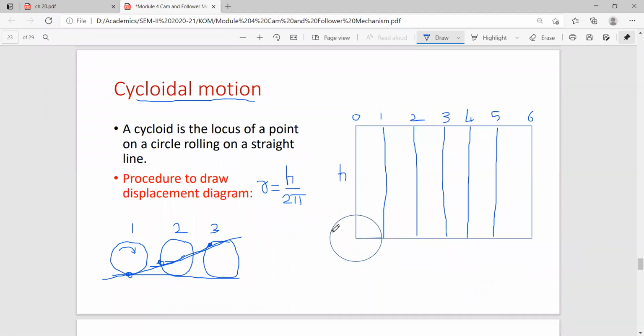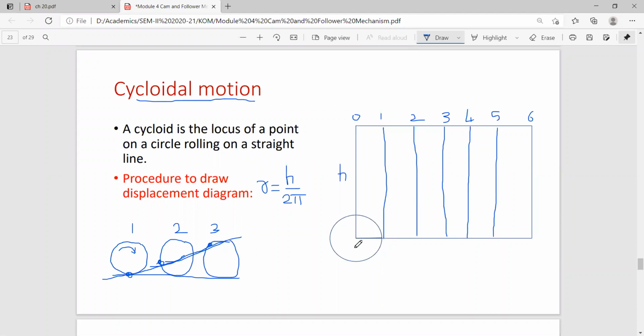This circle you don't have to draw arbitrarily. Only this length you can take arbitrarily. Next, what you have to do? After drawing this circle, you divide this circle into the same number of equal parts as you have divided the rectangle.